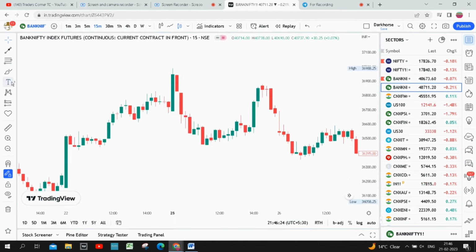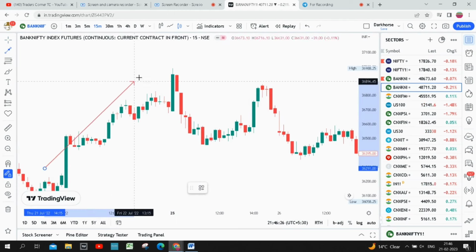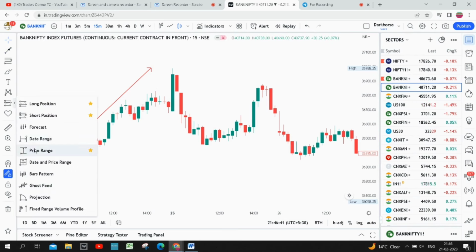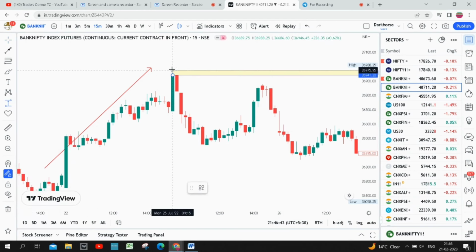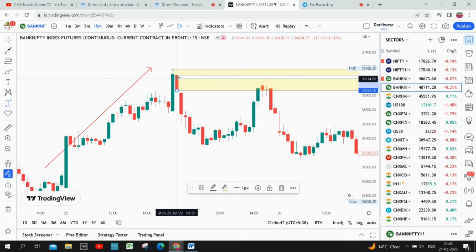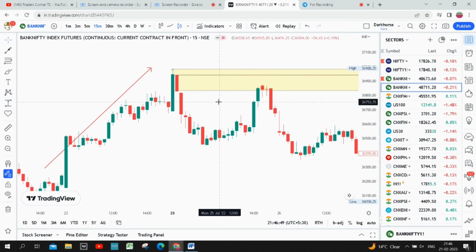So this is an uptrend. At the end of the uptrend, look for a huge red candle. Here, in case of doji candle, the same red candle has acted up. So I'll be marking this as a zone, or else I need to mark this whole red candle as a zone.